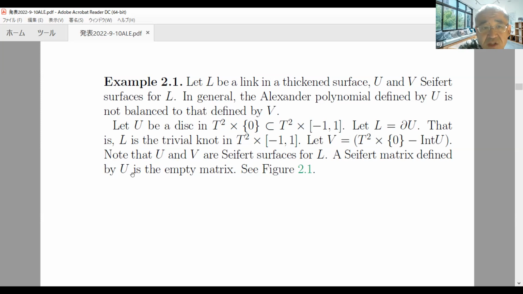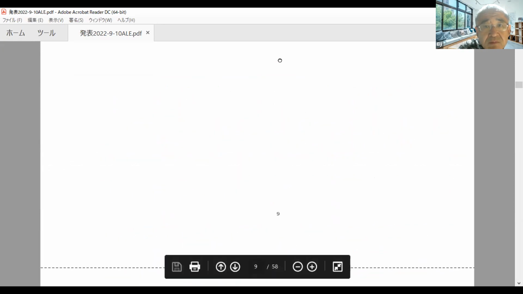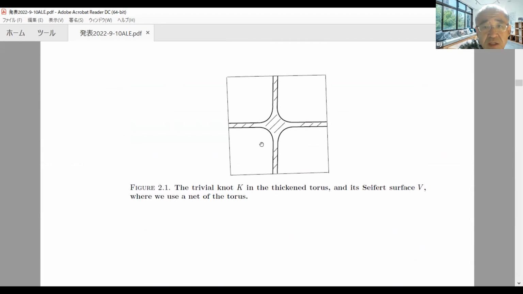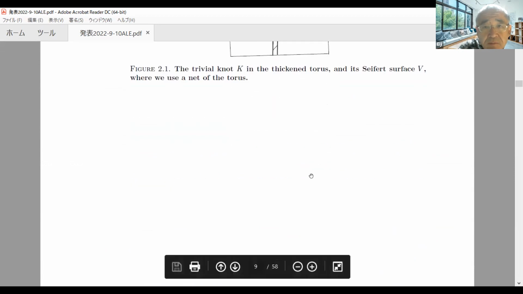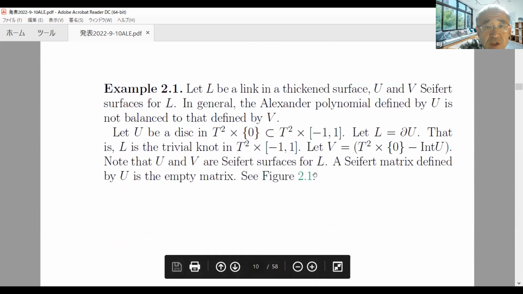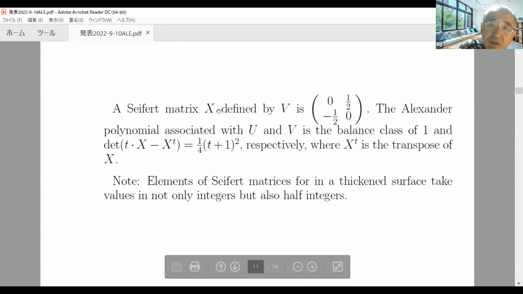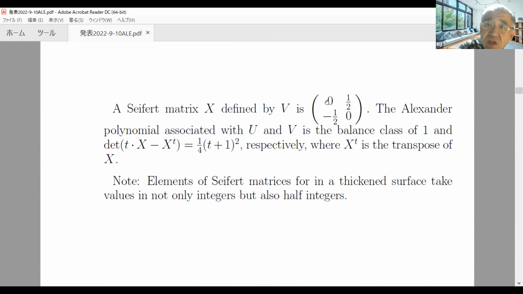A Seifert matrix defined by U is the empty matrix. This is a trivial knot in the torus. So there is a Seifert surface and there is another Seifert surface. In this case, a Seifert matrix defined by V is 0, this one, and elements are half integers in general. We encounter a new kind of Seifert matrices.